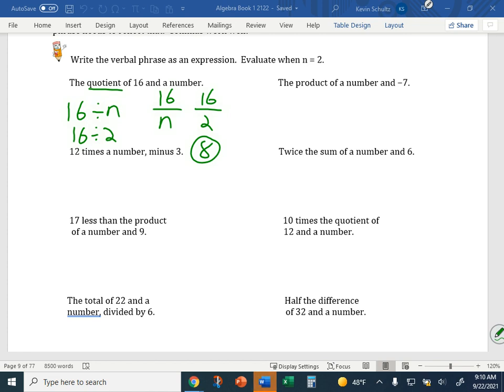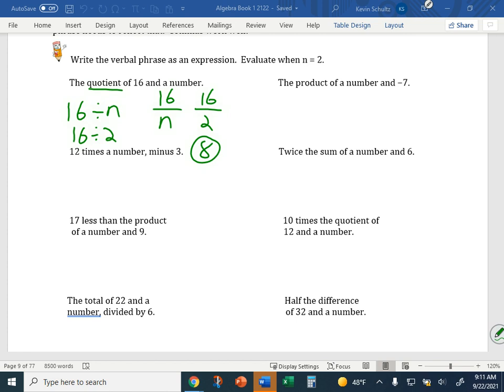Let's look at the one right below that where it says 12 times a number, comma, minus 3. Something we haven't talked about yet is the comma. And the comma is a pretty important part of reading an expression and turning it to the mathematical, because what the comma does, it kind of acts as parentheses. If I just read this to you and you didn't see it, you just heard it, I said 12 times a number minus 3.